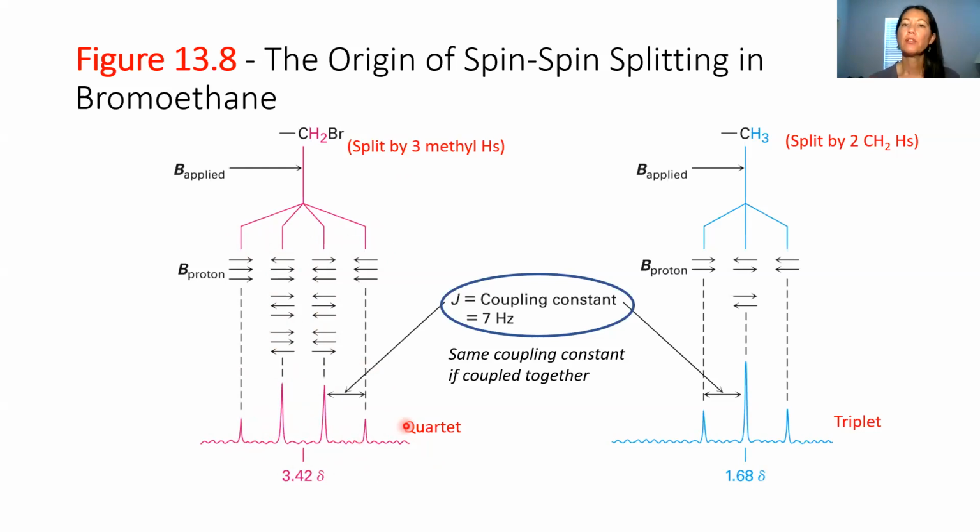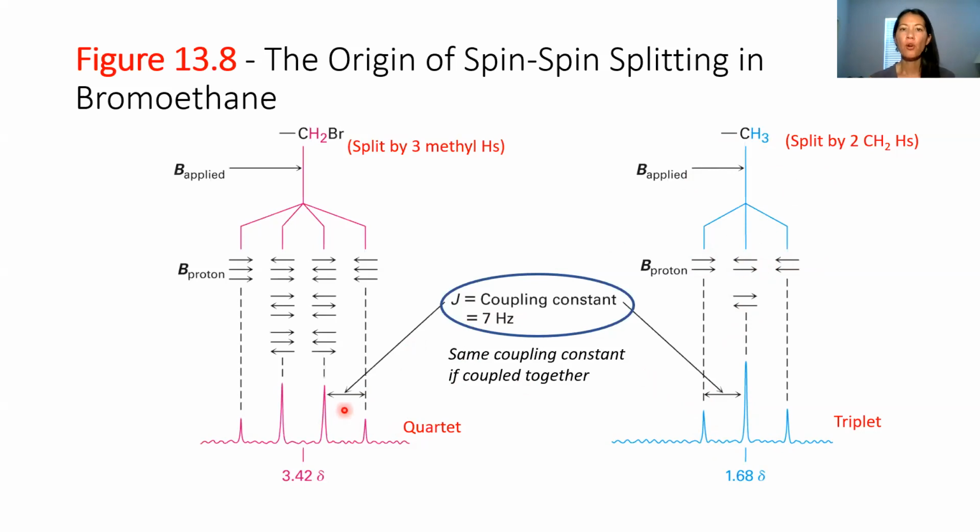So now let's look at the methyl group. The methyl group is next to a CH2, so it will be split by the 2 H's on the CH2 group. Those 2 spins can be aligned with or against, or something in between, and you get what's called a triplet, 3 guys, in a 1 to 2 to 1 magnitude difference. The spacing here, which can be calculated in hertz, between those split peaks will be the same number. In this case, it's 7.